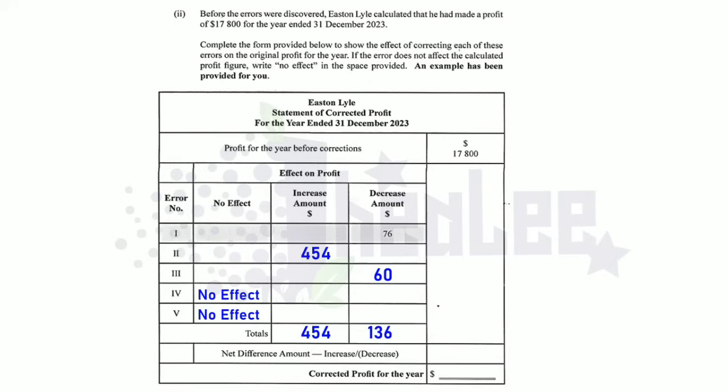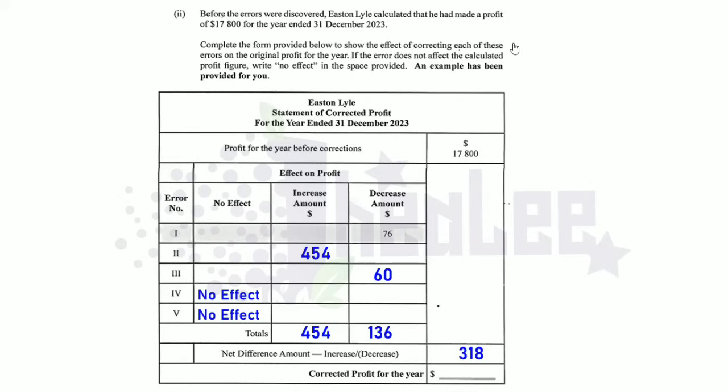Now, the difference between the 136 and the 454, we are going to enter this in the section that states net difference amount, increase or decrease. And we're seeing that the increase is greater than the decrease. So it therefore means that we're going to have a net increase, and that value is the difference between the two figures, which is $318.